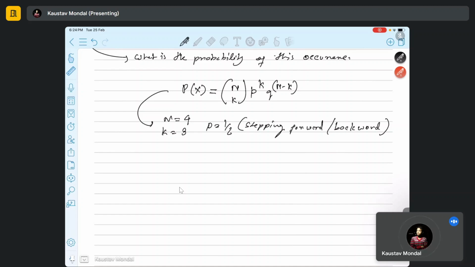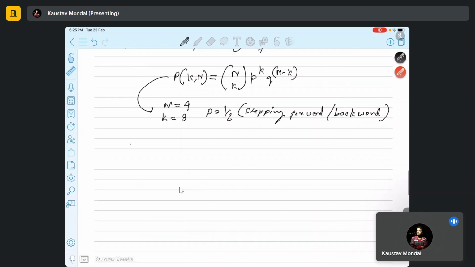So now the binomial coefficient is, let me write it like this, because there are three variables mentioned here: p equal to k and n.